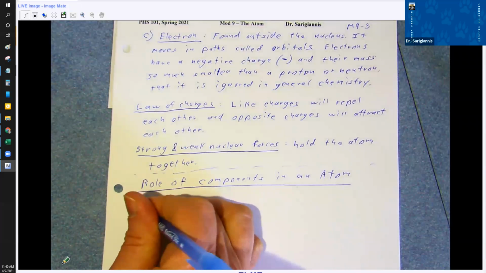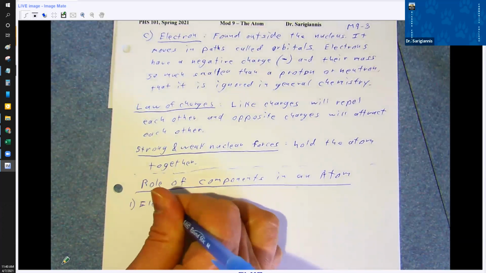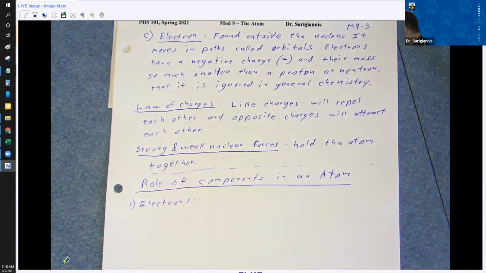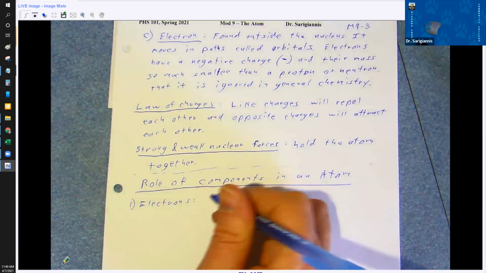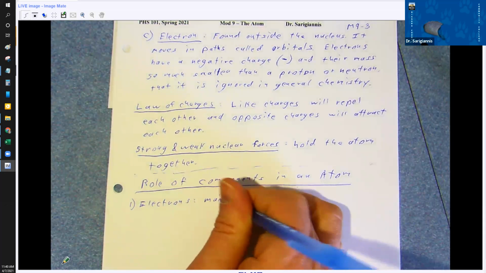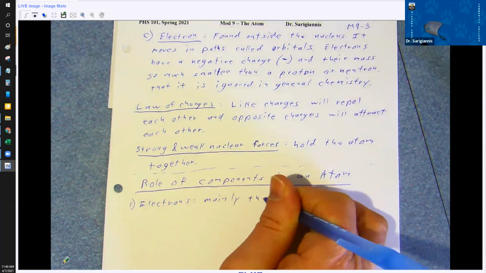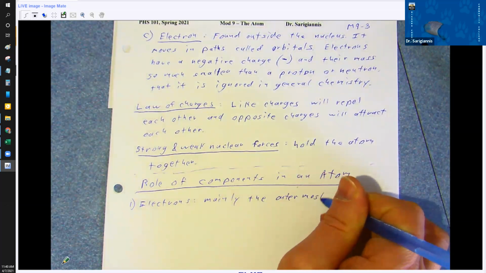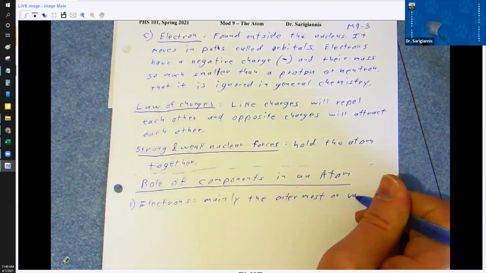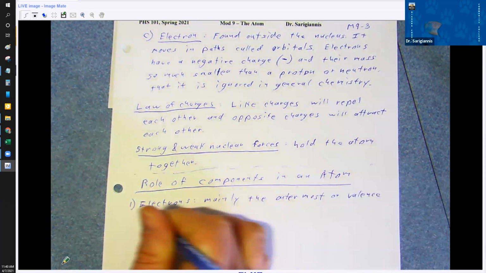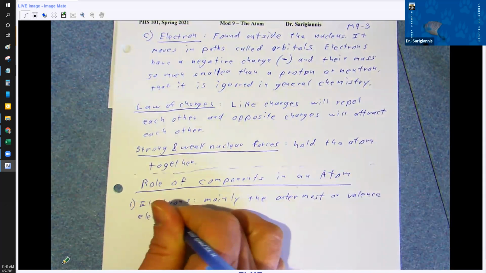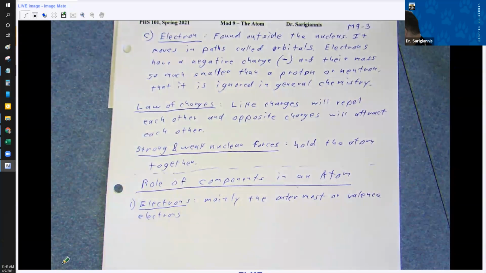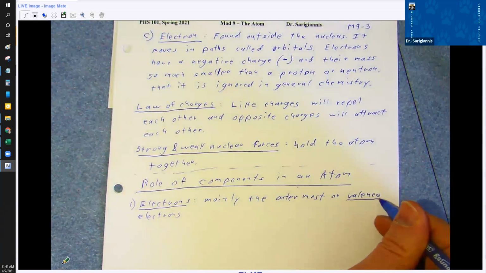When it comes to the electrons, it's mainly the outermost or valence electrons. I'll underline valence electrons.